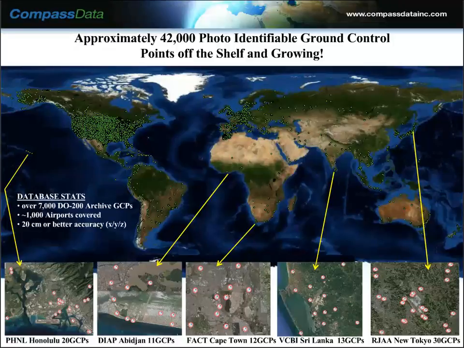So 20 centimeters or better suffices to generate that ortho-rectified image that has a horizontal accuracy of 85 centimeters.